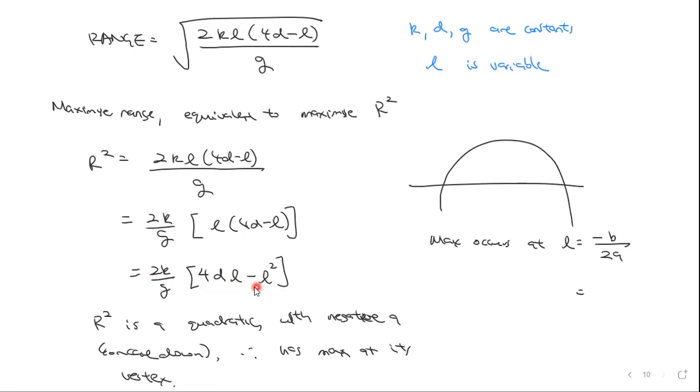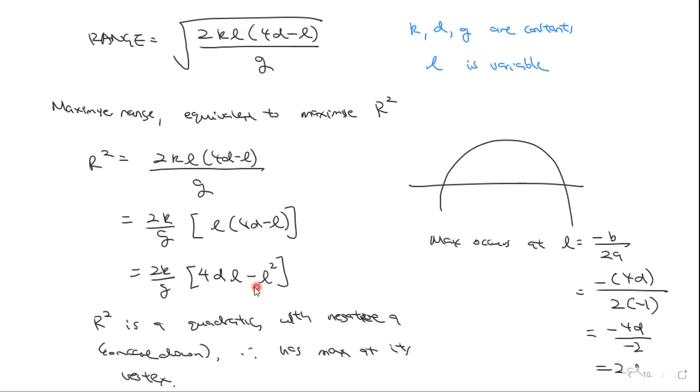Well, b is 4d, a is negative 1, so that's going to be negative 4d over negative 2, which is 2d. This is just your quadratic theory from year 10, which you're free to use. If you feel like using first derivative equals 0 and then proving second derivative is negative, that's fine as well. It's not really necessary for a quadratic, but feel free to do that.